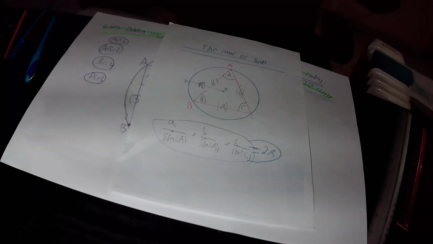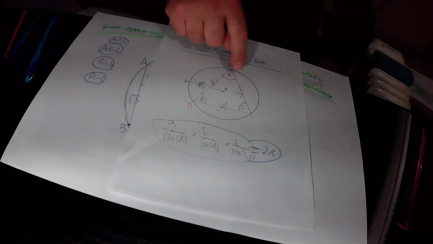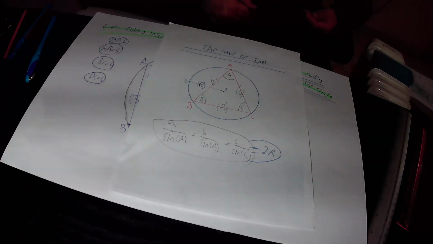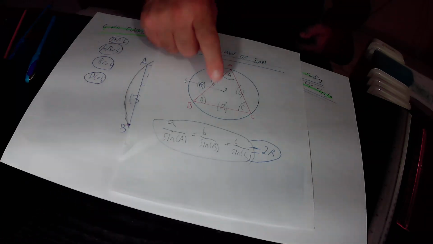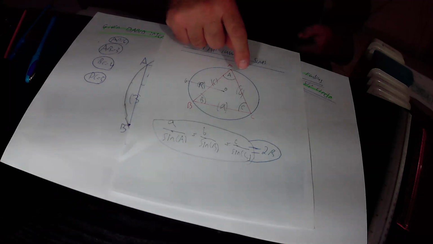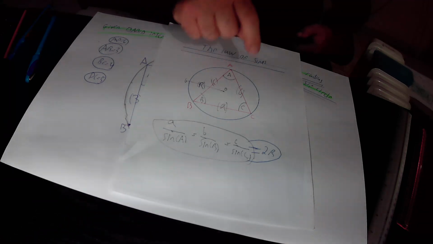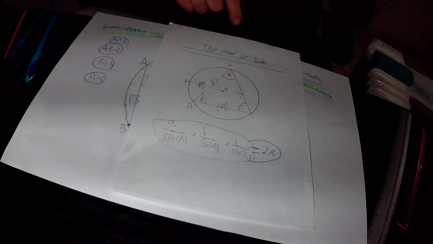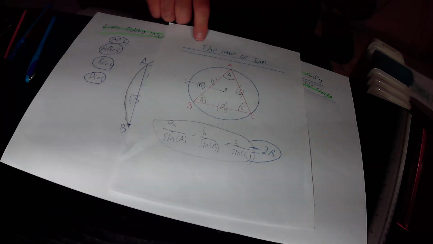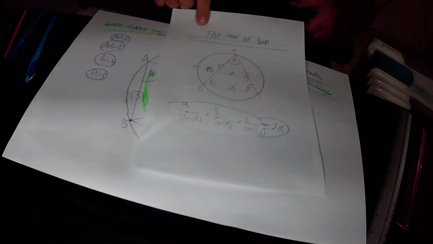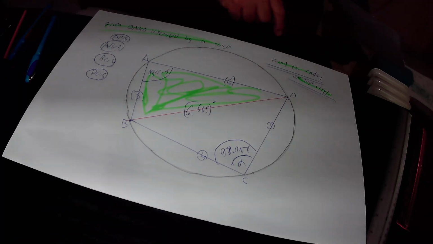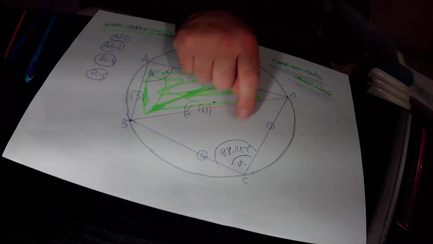We also know that triangle ABC is described by a circle with radius R. So according to the law of sines, we get that a over sin A equals b over sin B equals c over sin C equals 2R. And again, R is the radius of the circle that circumscribes triangle ABC. So we can implement the law of sines in this triangle BDC. According to the law of sines, we get that BD over sin alpha equals 2R.